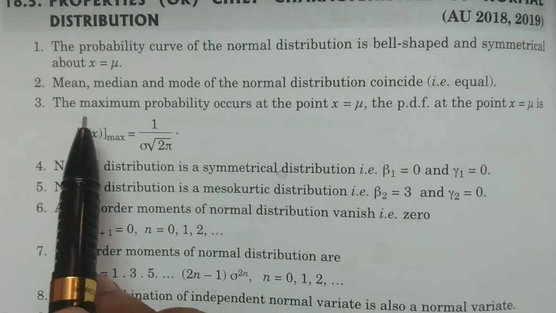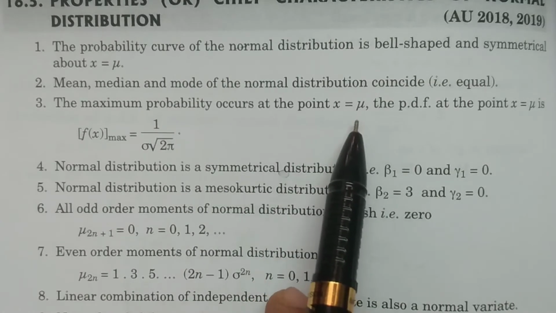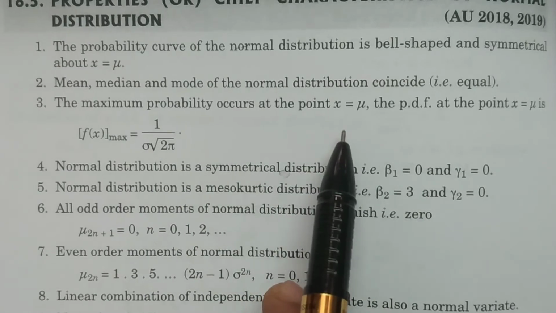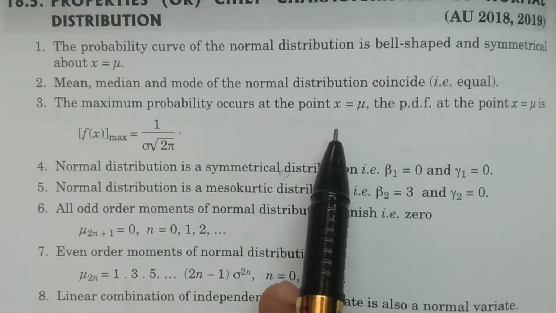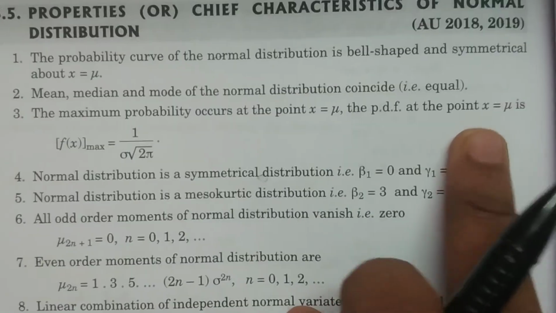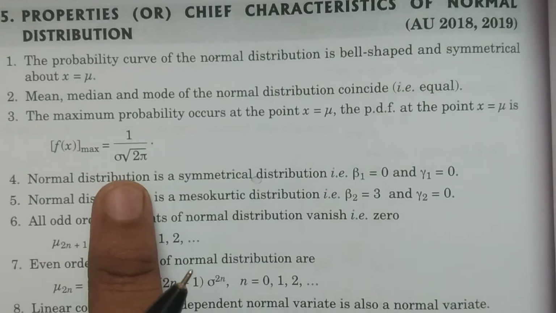Third property: the maximum probability occurs at x equal to mu. The probability density function at x equal to mu is f(x) maximum equal to 1 by sigma root 2 pi.